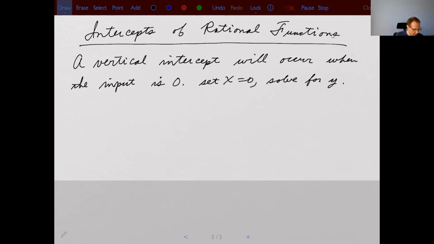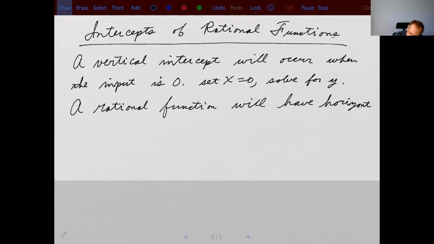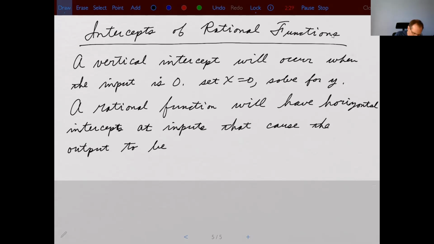Now for horizontal intercepts. A rational function will have horizontal intercepts at inputs that cause the output to be 0, unless the input corresponds to a hole.